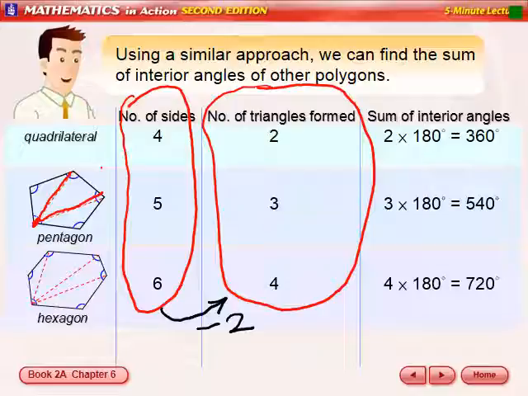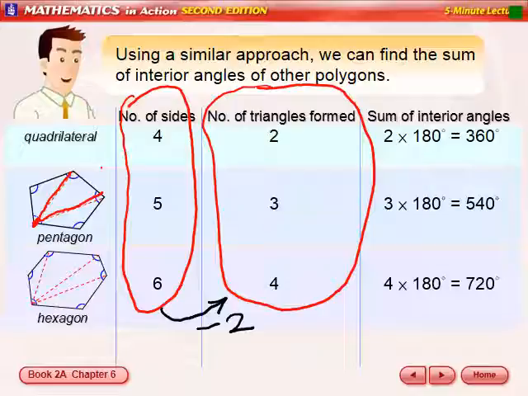And the relationship between the number of triangles formed and the sum of interior angles is obvious. If there are 2 triangles, there would be 2 times 180 degrees, which is 360 degrees.